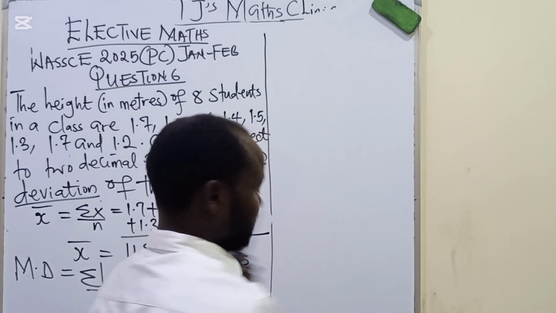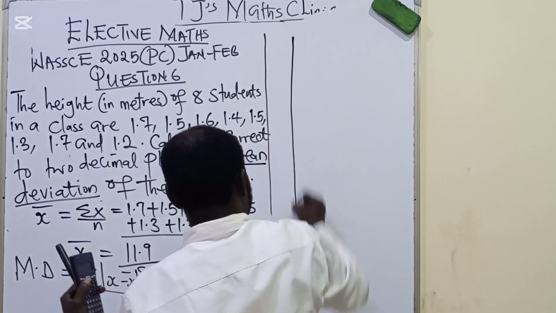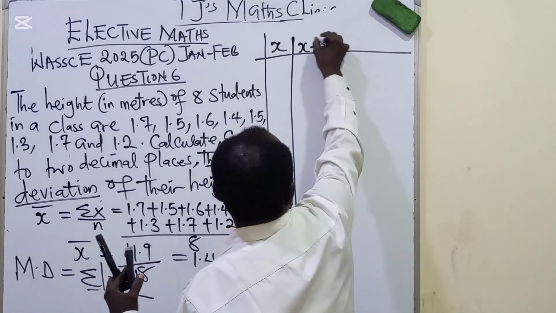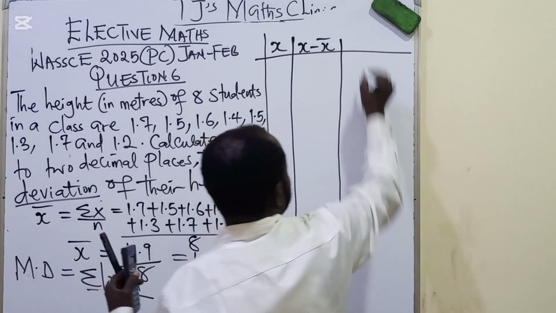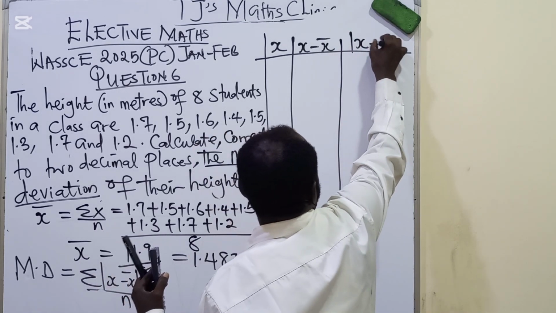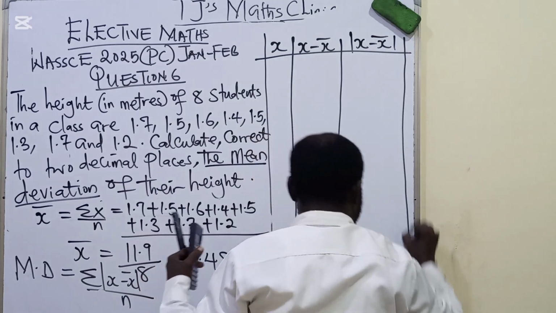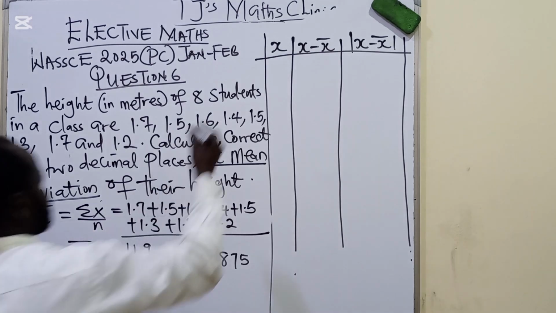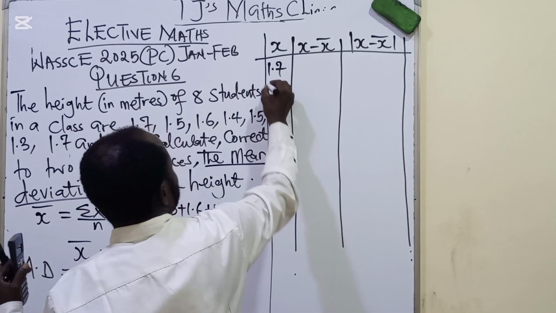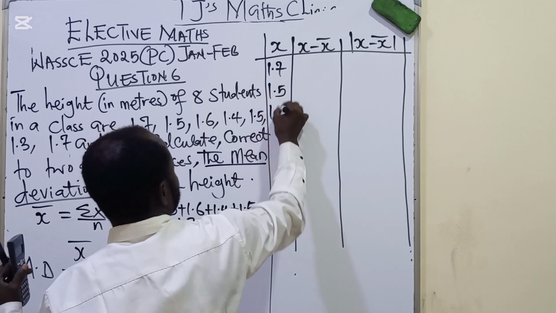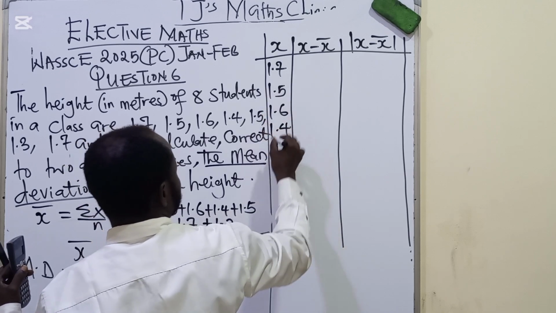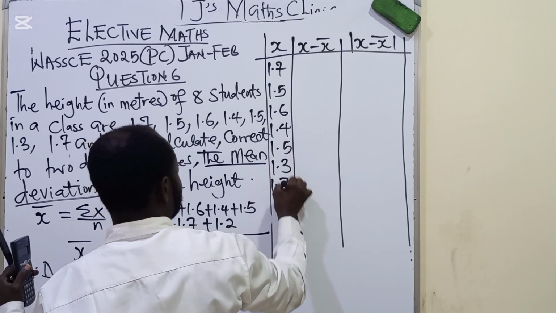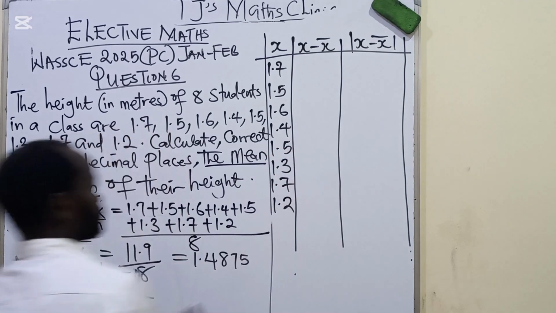The first column is for x, then x minus x bar, and the last column will be the absolute value of x minus x bar. Our x values are 1.7, 1.5, 1.6, 1.4, 1.5, 1.3, 1.7, and 1.2 respectively.